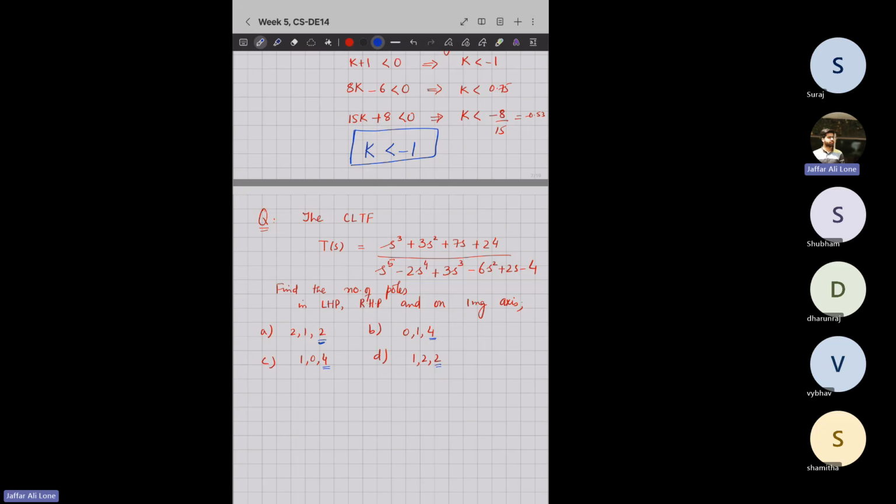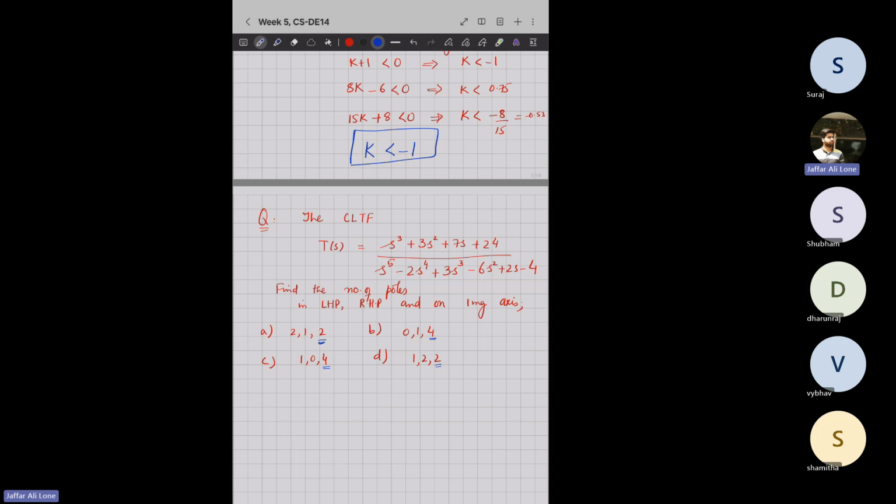Then you will find the auxiliary equation and solve it. That auxiliary equation should give you the poles on the imaginary axis. The question is simple, but I will ask you again the locations of those poles on the imaginary axis. First tell me the answer of this question.